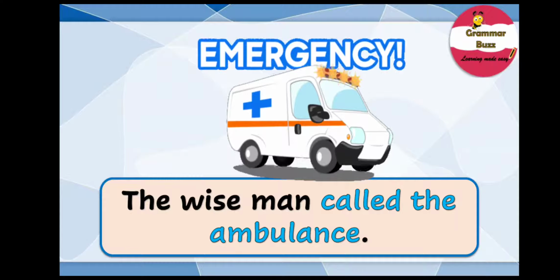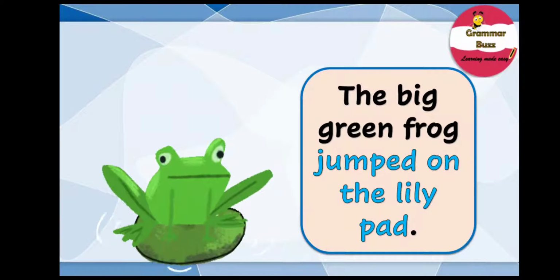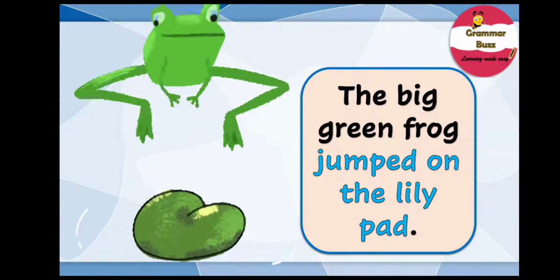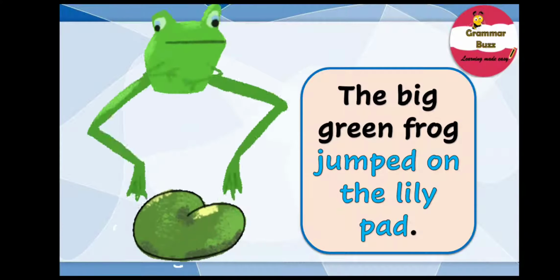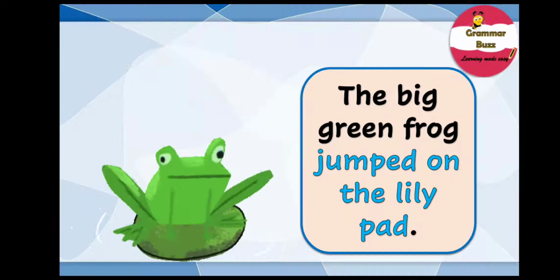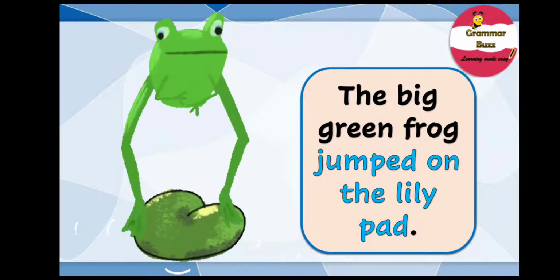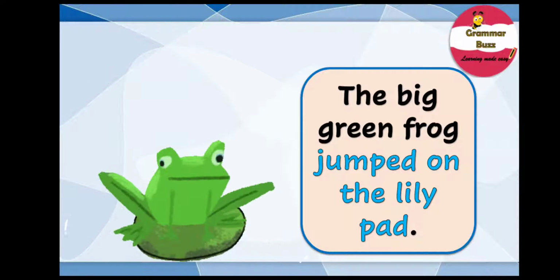Okay, can you guess what's the predicate in the next sentence? Let us take a look at this sentence. The big green frog jumped on the lily pad. Well, which is the verb in this sentence? Can you guess? Good job. It's jumped.